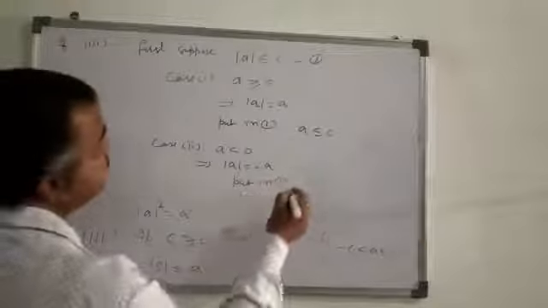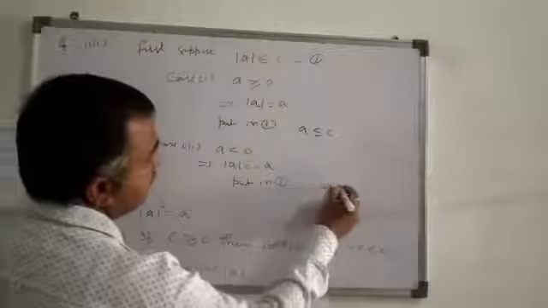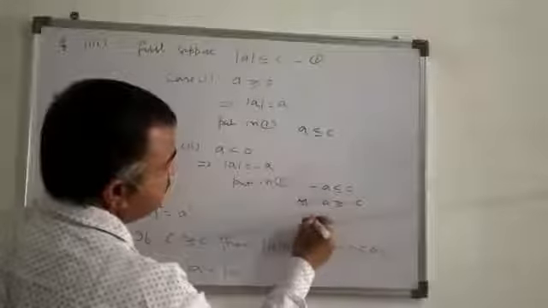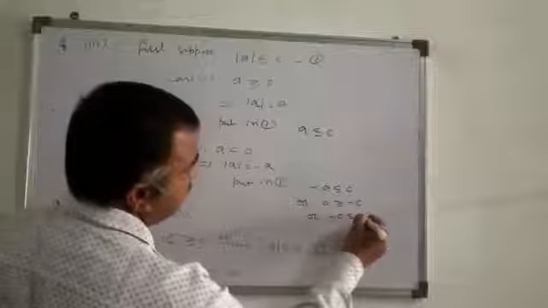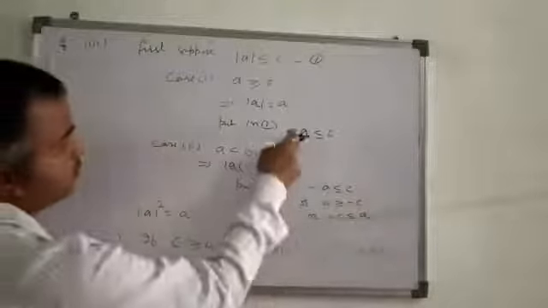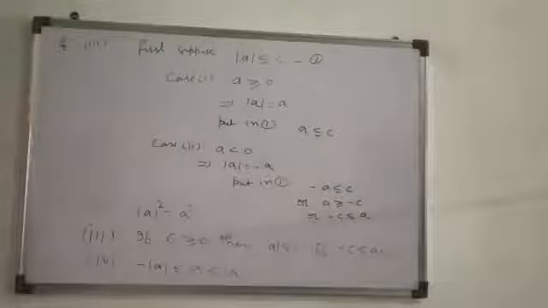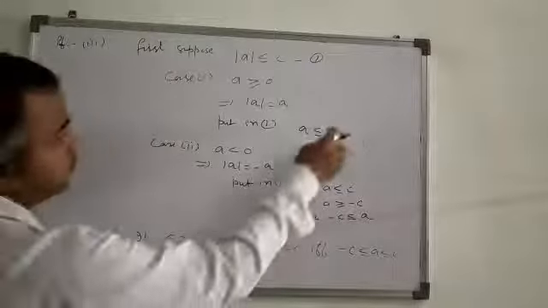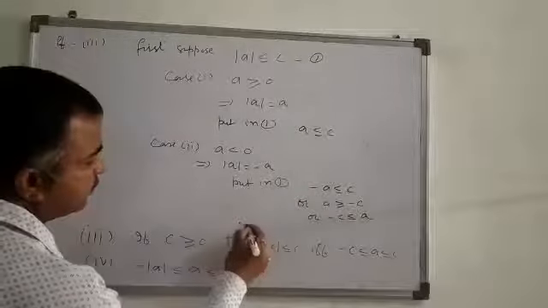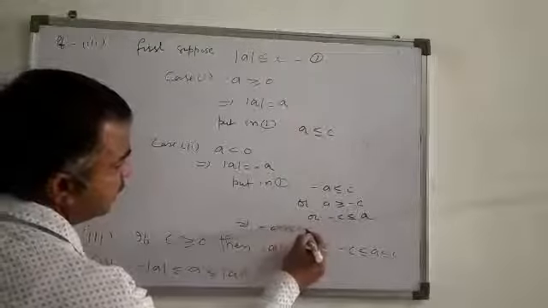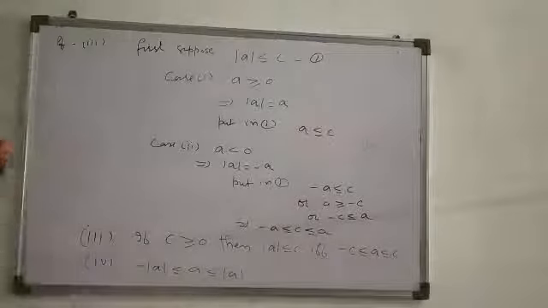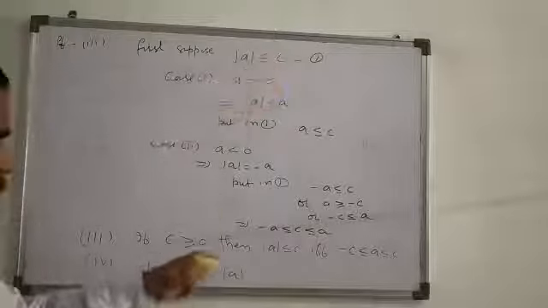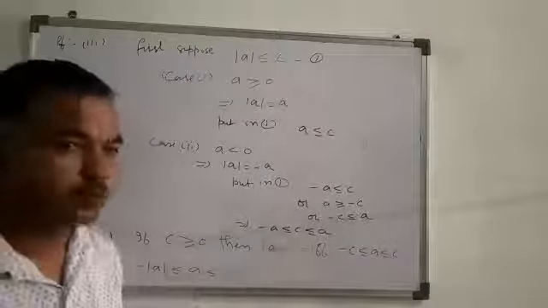We get minus A less than or equal to C, or A greater than or equal to minus C, or minus C less than or equal to A. So combining these two, we get minus C less than or equal to A less than or equal to C. So if we have taken mod A less than or equal to C, we have proved minus C less than or equal to A less than or equal to C.